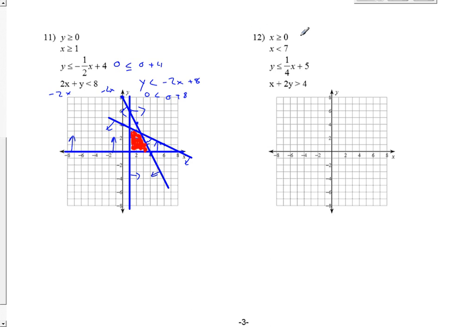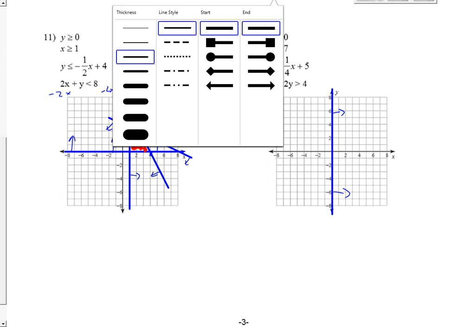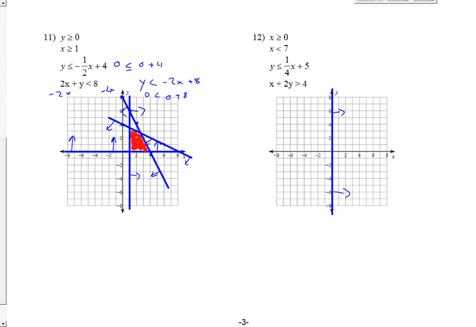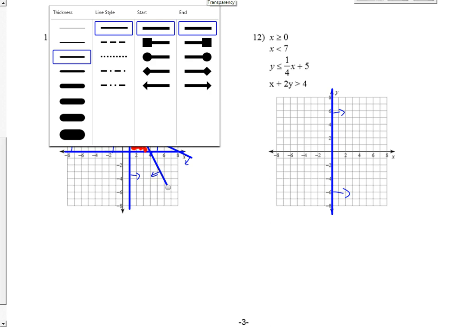Now let's look at number 12. x is greater than 0. So x greater than 0, where x equals 0 is on the y-axis, going straight down through 0 on the x-axis. Shading greater than that would be to the right. Okay? x is less than 7 has got to be a dotted line, which I just realized on this one over here needed to be a dotted line.